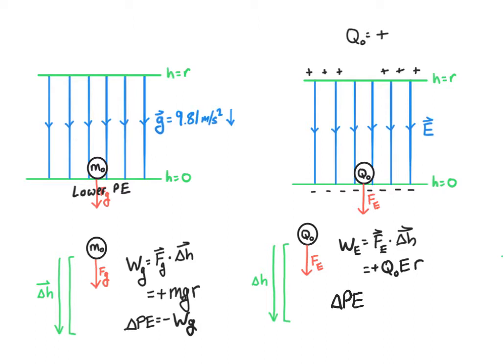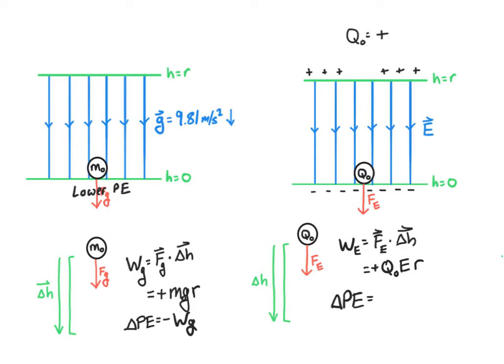And again, since the field or the force did positive work on our charge, that means energy was added to our charge. For example, if it was freely moving through this field, it would be getting faster and faster and faster, gaining kinetic energy as it goes. And so energy is being put into the kinetic energy of that charge, which means it had to come out of somewhere else.